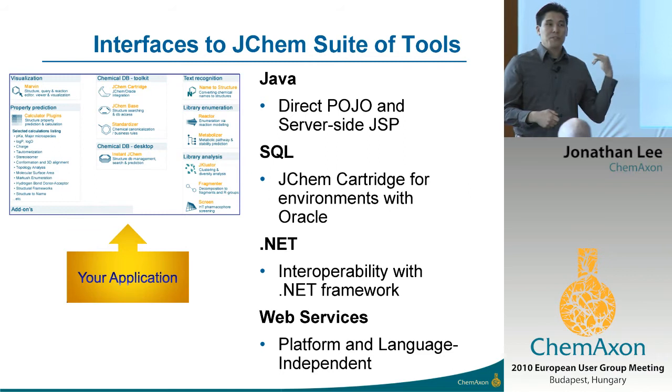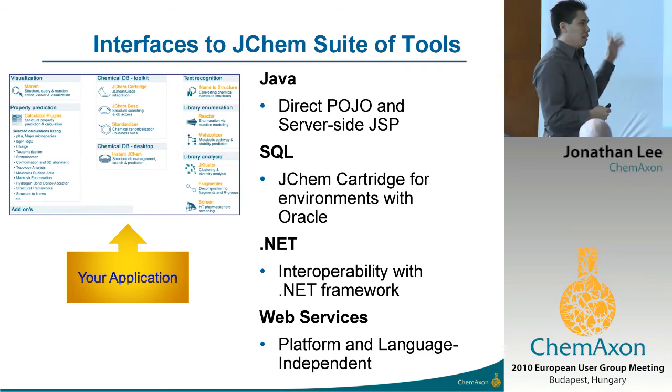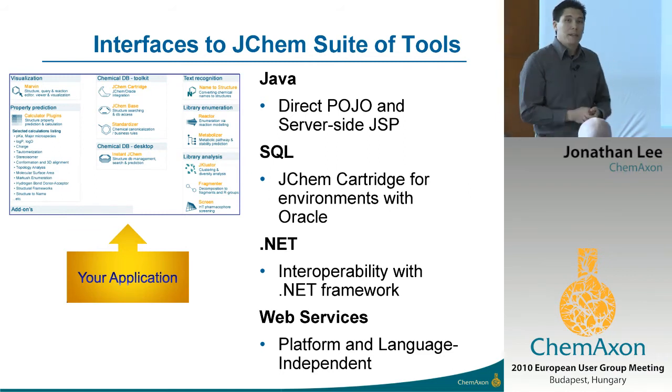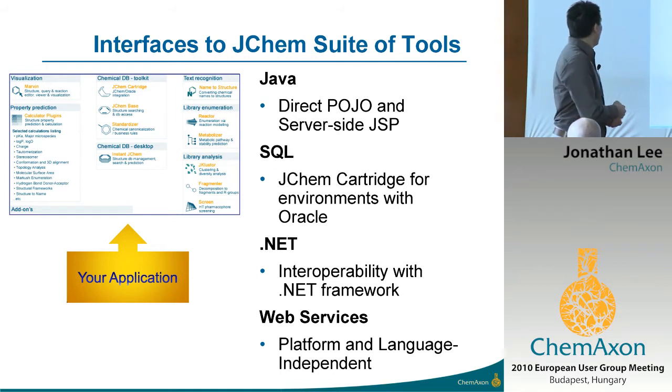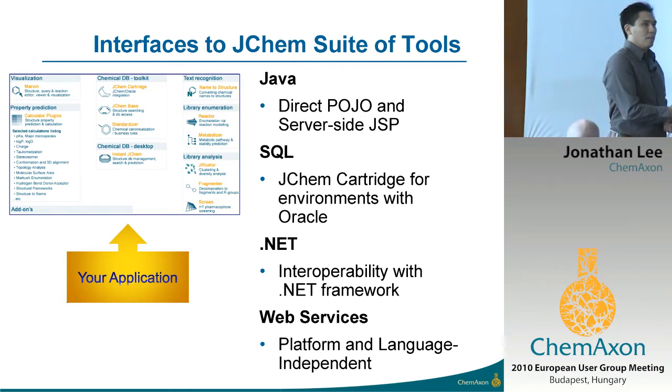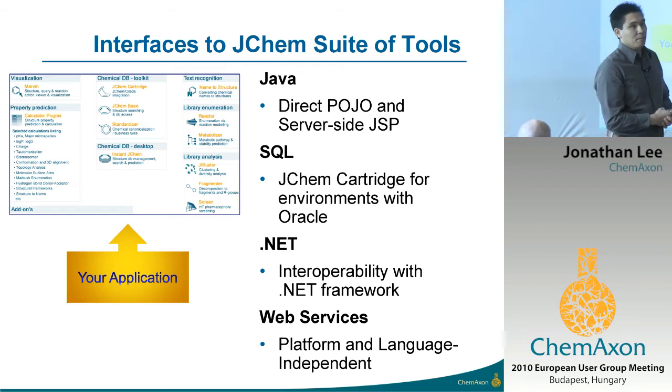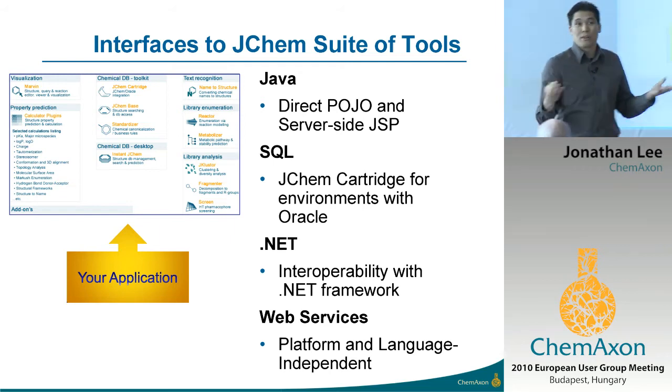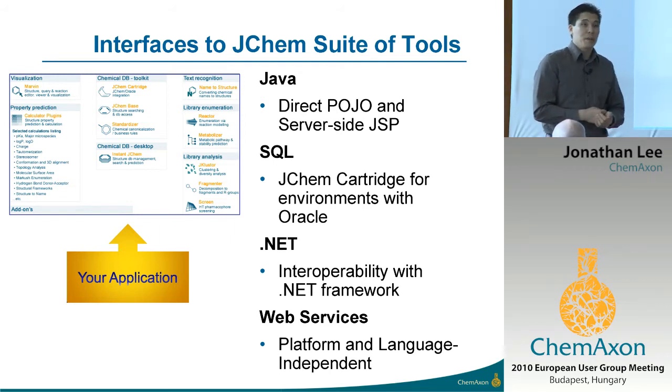Okay, so up here you may recognize the product map. And what I want to mention is that this is your application. You want to be using the tools that JChem provides in either a current application that you have or even create a new application.